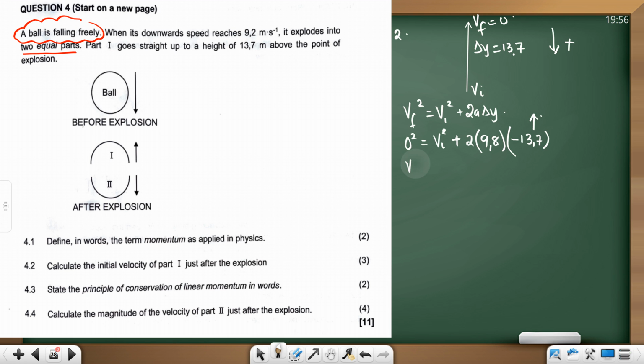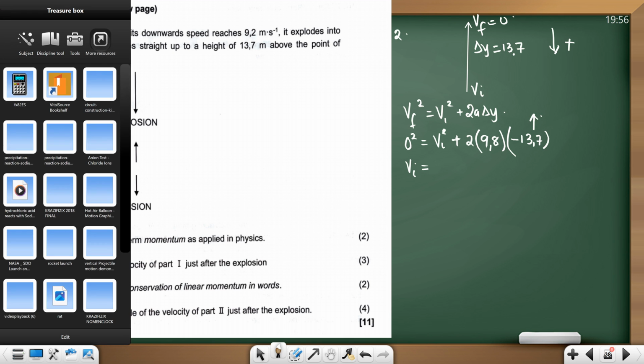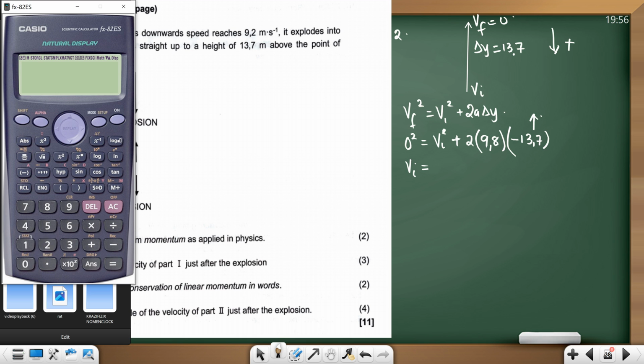If you do this with your calculator, we are going to have 2 times 9,8 times 13,7. I'm moving it over already to the other side. If I move it over, it becomes positive already, right? So I then look for the square root of that answer, and that gives me 16,39.